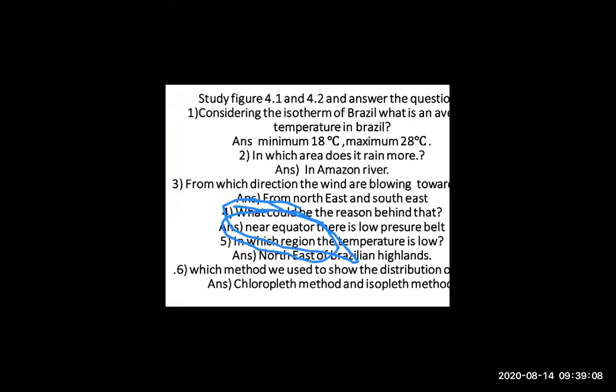After that, the next question is, from which direction is the wind blowing toward Brazil? So your answer should be, just look at this map.